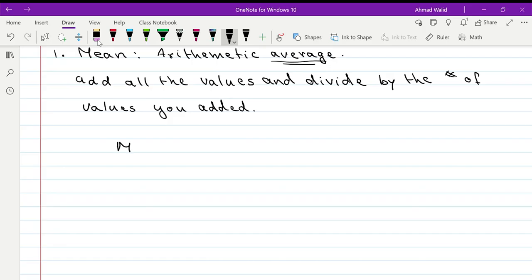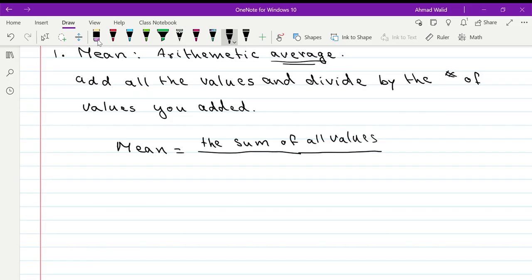I can say mean equals all the values, or I can say the sum of all values, over, and over means divide, the number of values.